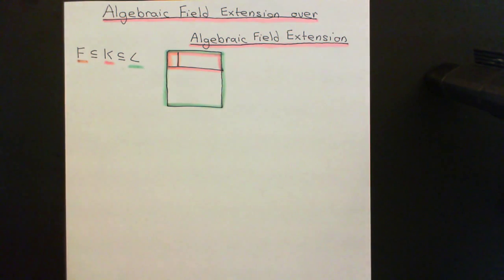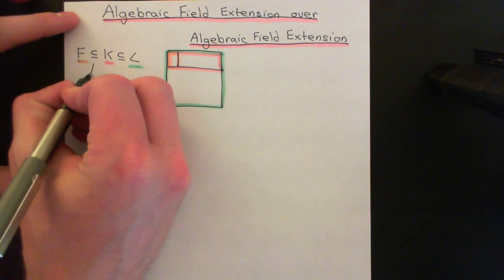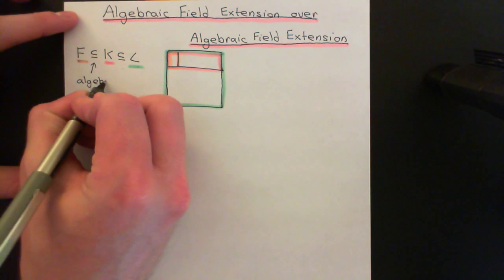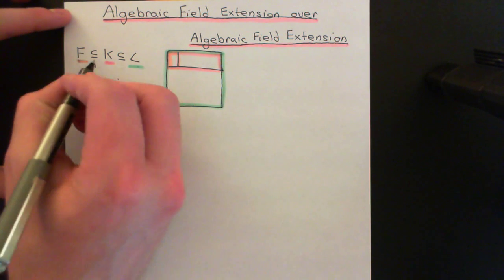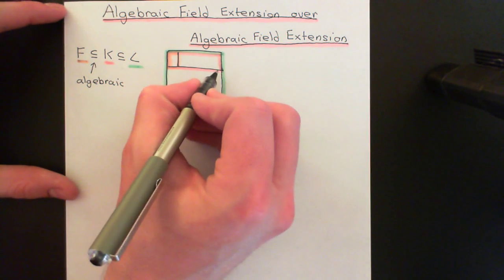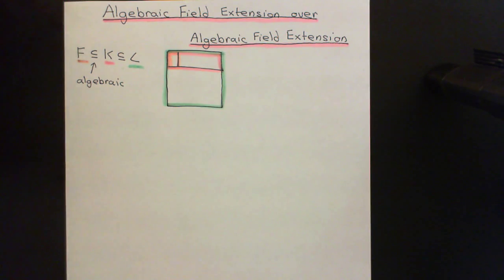Now the starting assumption is going to be that K is an algebraic field extension over F. So this field extension here, we're going to assume is an algebraic field extension. And remember what that means? That means that all the elements in K, the red box here, are going to be algebraic over F, which means that for each element there will be some non-zero polynomial in the ring of polynomials over the field capital F for which that element is a root.